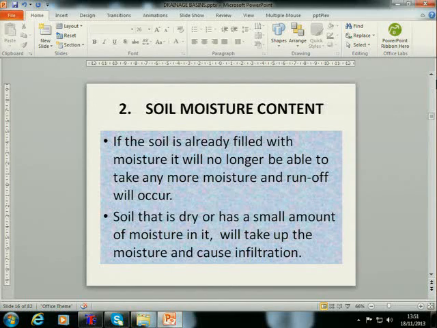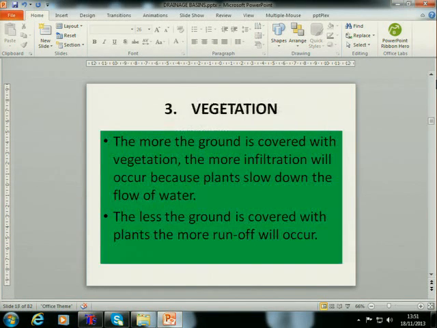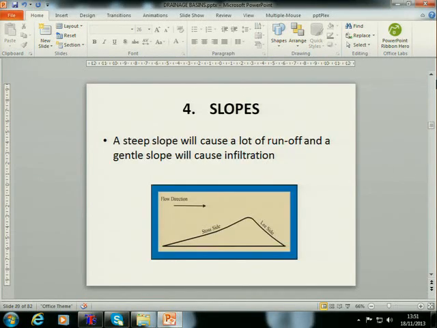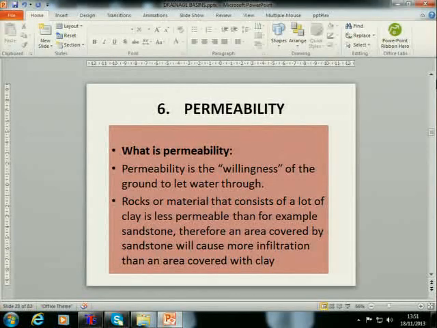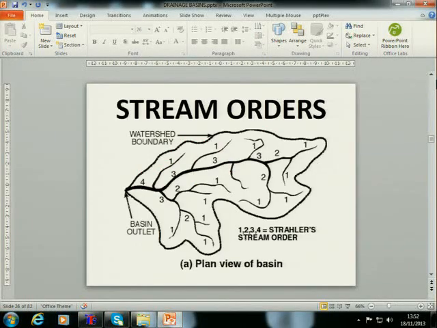If it is not, the water will infiltrate. The amount of vegetation: if there's a lot of vegetation cover, then the water will be kept back and it will rather infiltrate. When there's less vegetation cover, then the water will start running off. The slopes, gradient or steep. The porosity or the air spaces, and the permeability or the willingness of the water to go through.